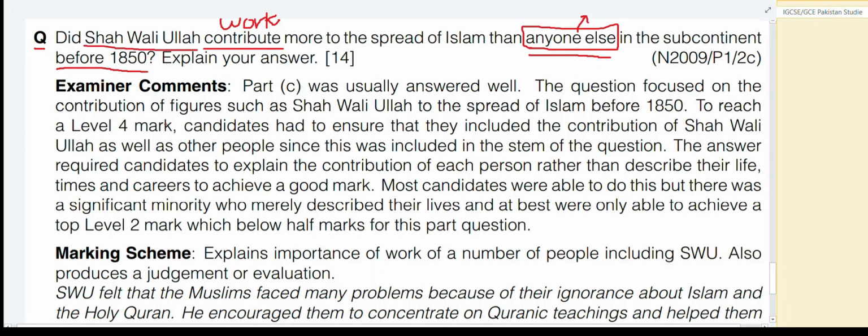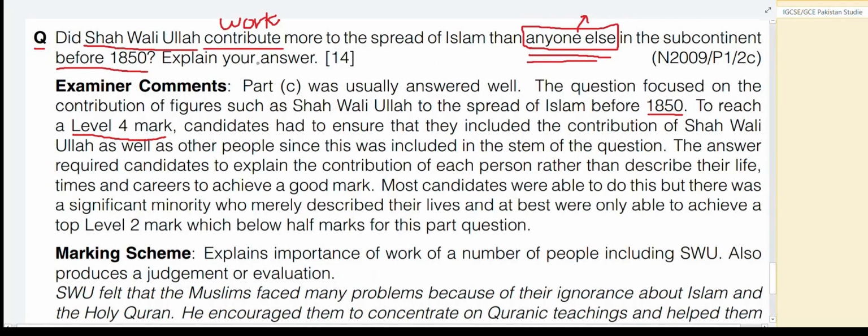Right? Now the examiner comments: part C was usually answered well. The question focused on the contribution of figures such as Shah Waliullah to the spread of Islam before 1850. To reach a level 4 mark, which is the highest level, candidates had to ensure that they included the contribution of Shah Waliullah as well as other people, since this was included in the stem of the question.